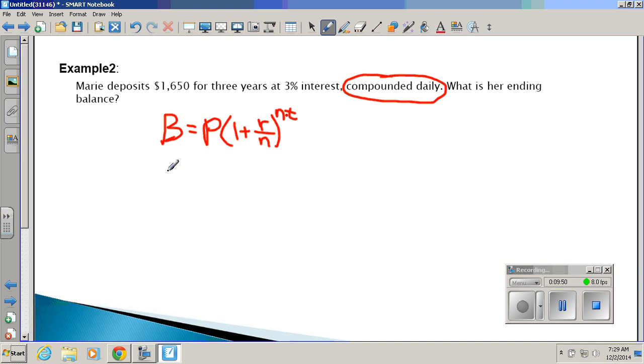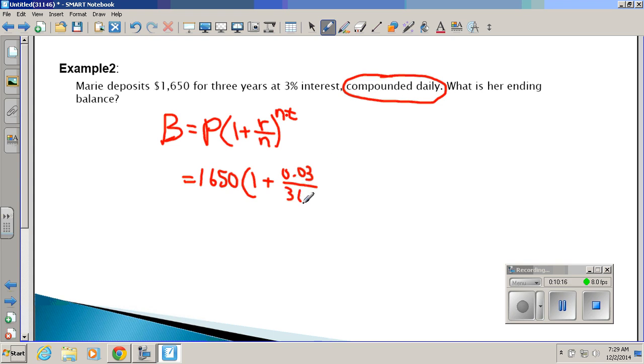Alright, so in this case, I'm trying to find the balance. My principal is what Maria started out with, $1,650. Substitute that in. The rate is 3%, which as a decimal is 0.03. Number of times per year, compounded daily, so that's 365 times a year.